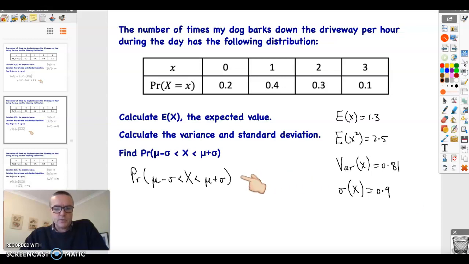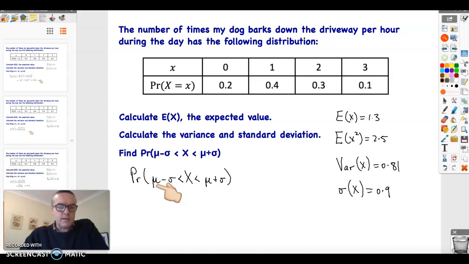Now we're going to look at the probability that's represented here. So let's pull apart this statement so we can interpret exactly what's being asked for here. We're looking for a probability that our random variable x lies in between two quantities. Those quantities involve the mean and the standard deviation.